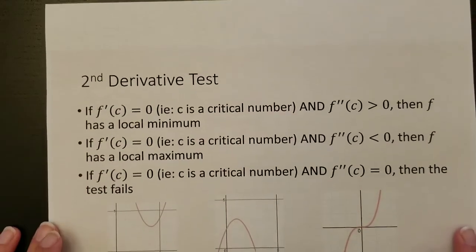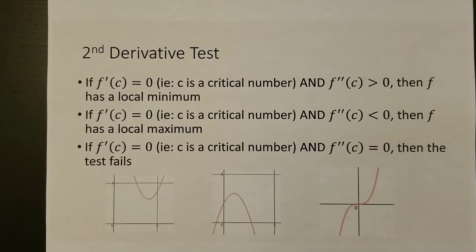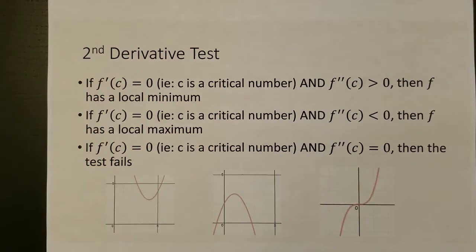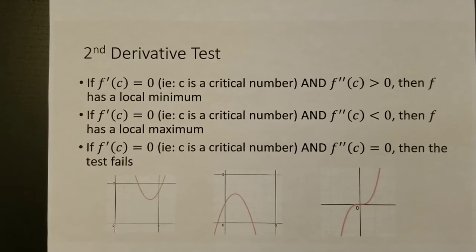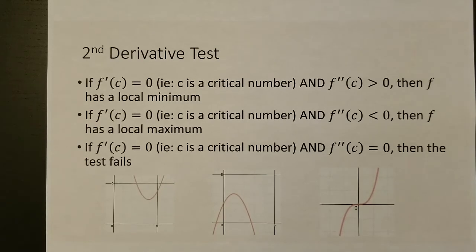The second derivative can also be helpful looking back at max min values. So now that we kind of know some stuff about concavity, this is an easy way to test if a critical number is a maximum or a minimum.